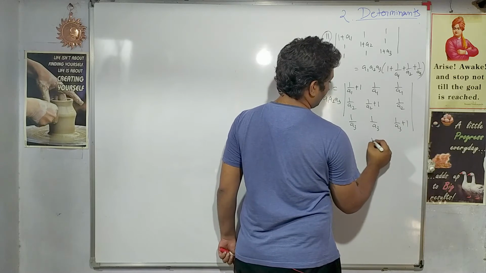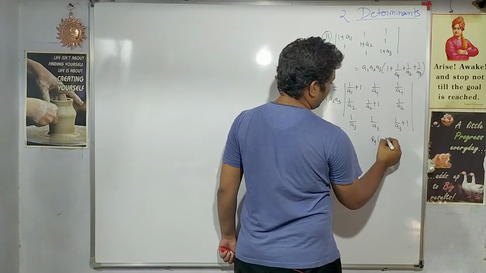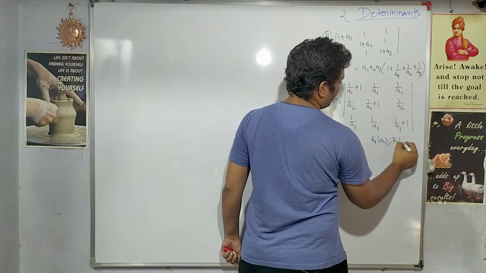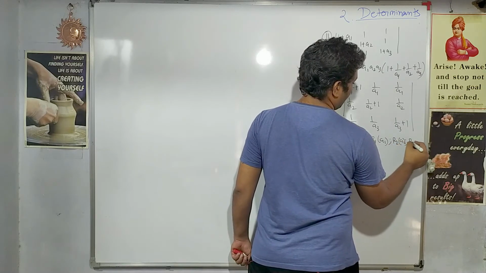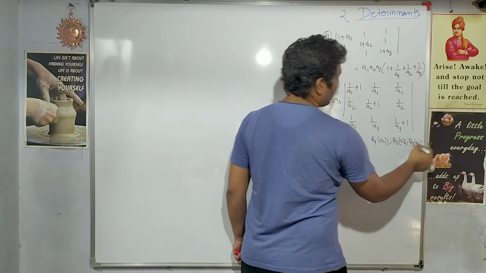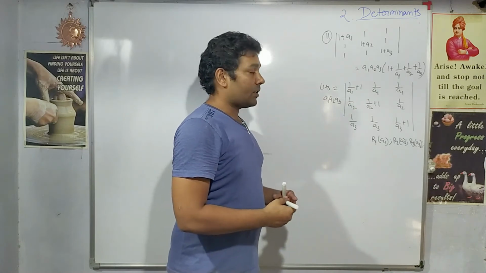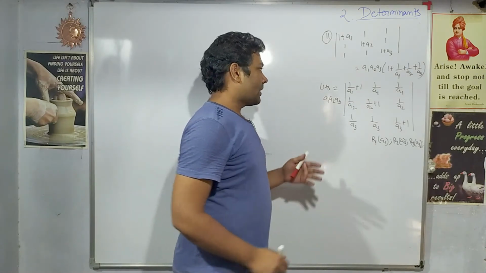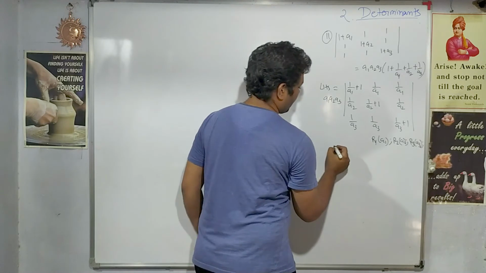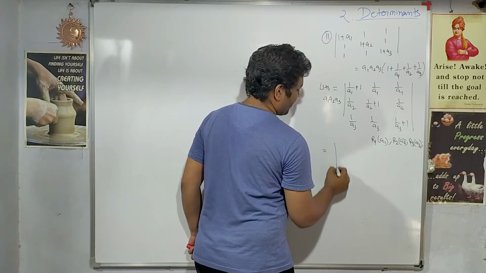What I have done? From row 1 a1 common, from row 2 a2 common, from row 3 a3 common. Let me tell you again, I have done 3 operations at a time, but this is not valid. You can carry out maximum 2 operations, but however here the answer is not going to change.